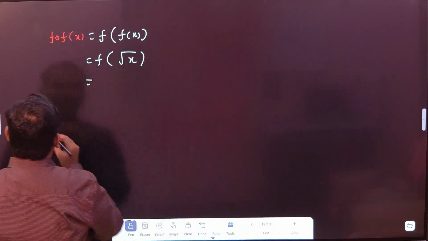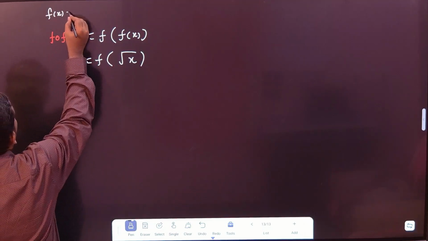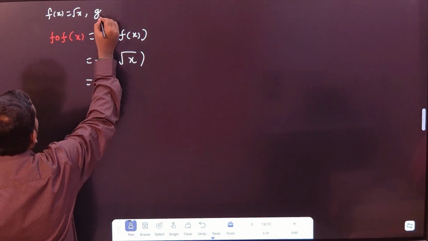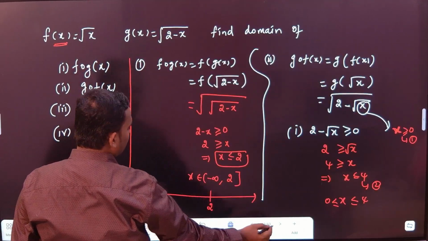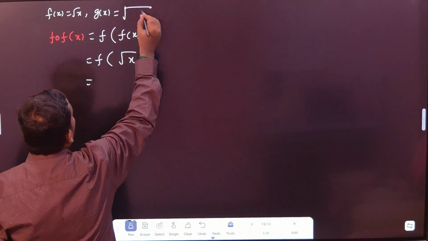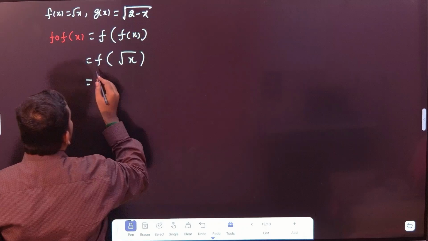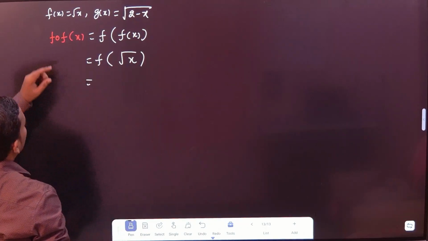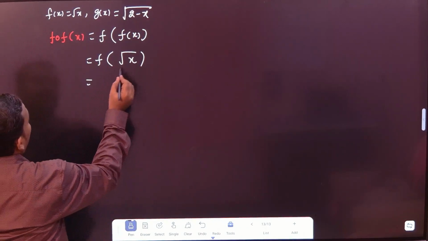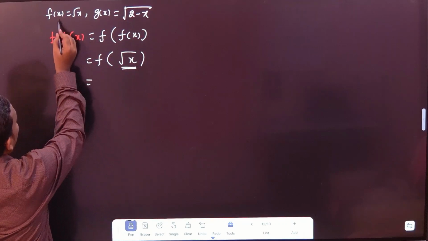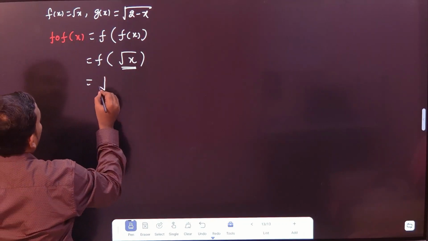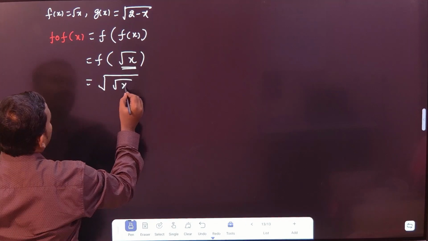You can observe that f of x is given to you as square root of x and g of x is given to you as square root of 2 minus x, right? So then just replace x by square root of x in f of x, right? Square root of x.